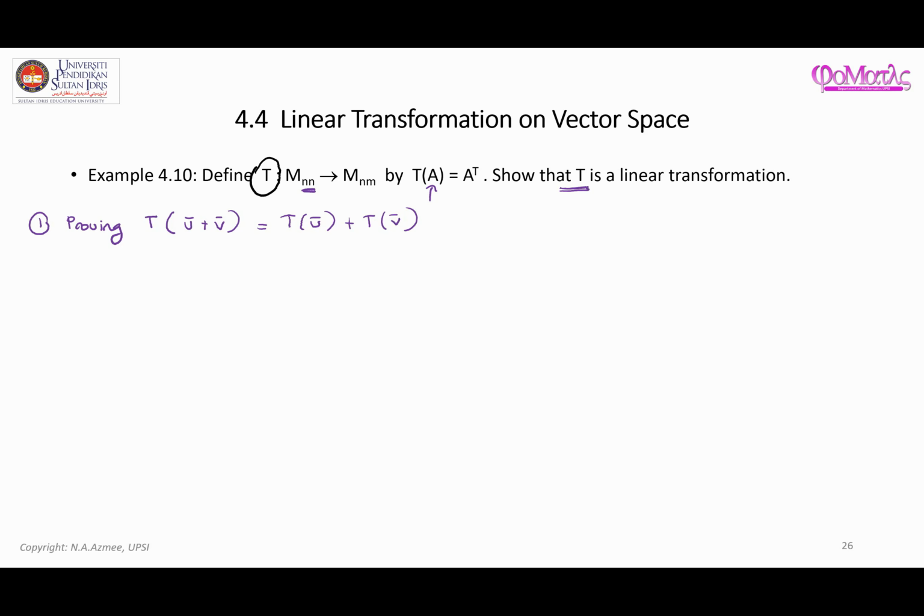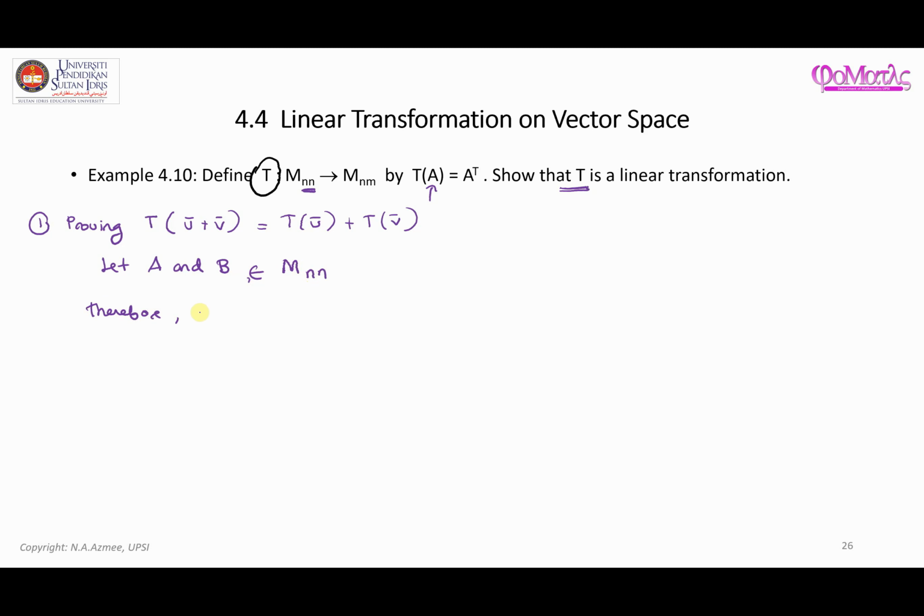In order to prove this, since these are matrices, we can consider having two matrices. For example, let A and B belong to this vector space.